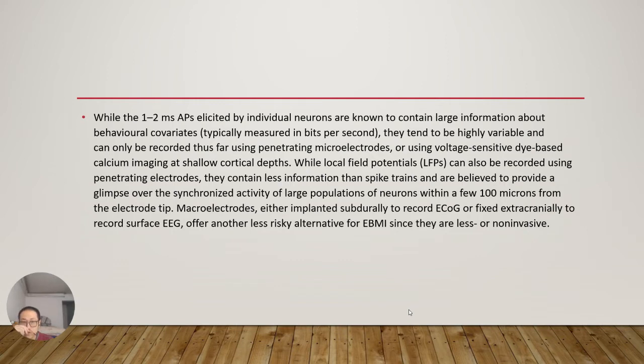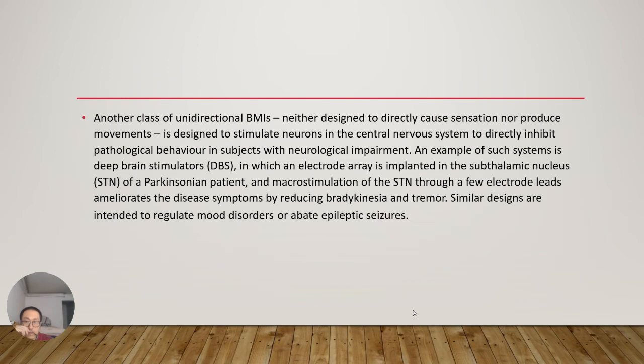这实际上说了刚才这四种每一种的优缺点。总体来说，有创、深入，得到的信息就多；越浅、没有创，得到的信息就越少，这是毫无疑问的。Another class of unidirectional BMIs, neither designed to directly cause sensation nor produce movements, is designed to stimulate neurons in the central nervous system to directly inhibit pathological behavior in subjects with neurological impairment.